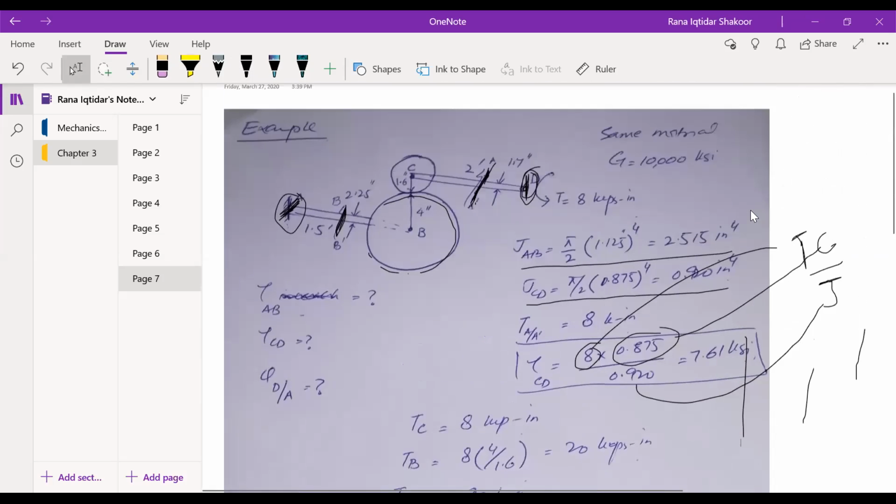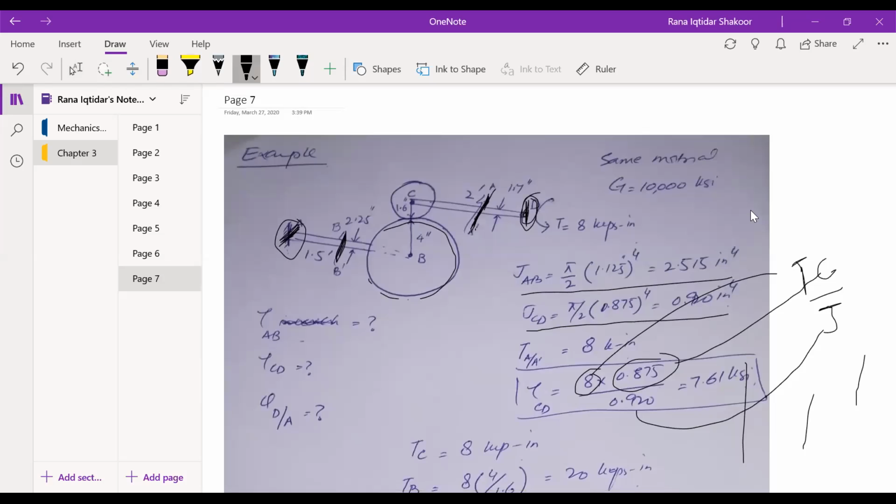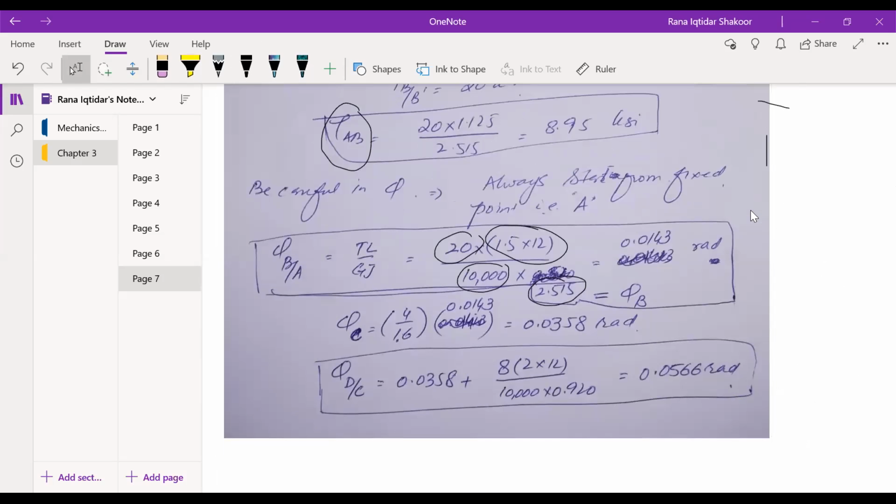What do you think, how much angular rotation will this gear have? Will it be the same or different? Obviously it will be different, because again size is there. Referring to the previous lecture, we have already seen that when we move from the larger gear to the smaller gear, generally deformation increases, and vice versa.